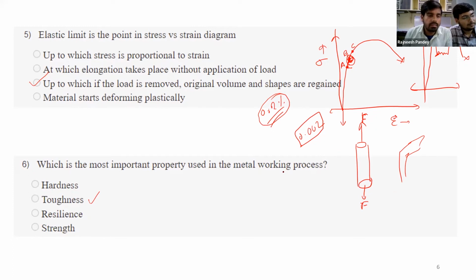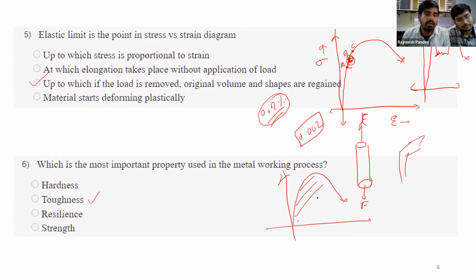Because if you see the stress strain curve, we get the toughness as the area under the curve. So it is not only about ductility, which can be understood by the elongation term, and not only strength, that can define how much you are going to deform the material in the metalworking process.